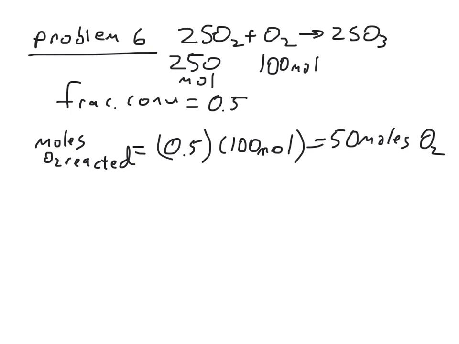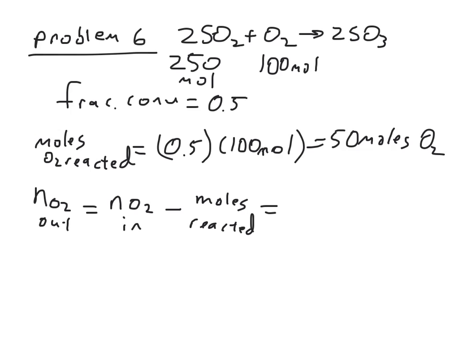So we can take this information to solve for the number of moles leaving the system. The number of moles of O2 out of the reactor is simply the number of moles of O2 in minus moles reacted, and that's equal to 100 minus 50, which equals 50 moles O2.